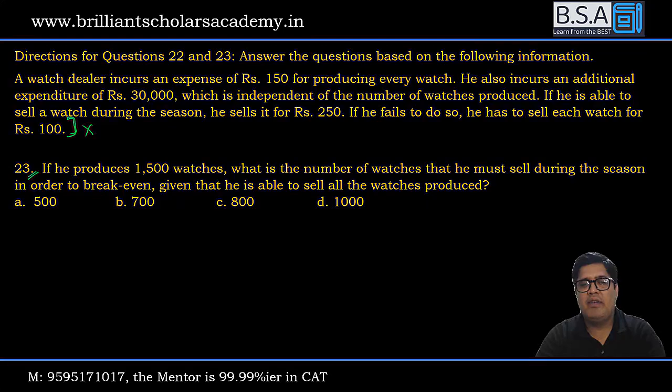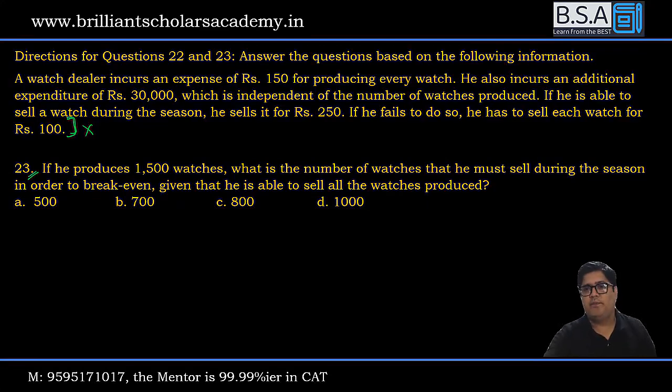So out of 1500, how many should he sell in season? He wants no profit, no loss. He does not want any profit or loss. So give it a try. Take a minute or so.